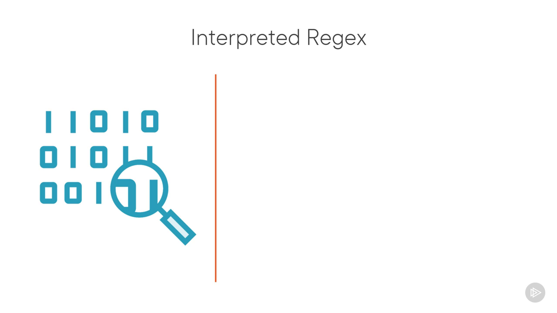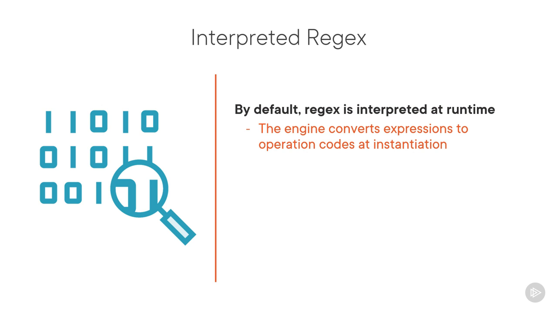There is something else we can consider when applying regex in our code. By default, regular expressions are interpreted at runtime. The regular expression engine converts the expression to a set of internal operation codes when regular expressions are instantiated. When the engine executes a regular expression, it interprets those internal codes.